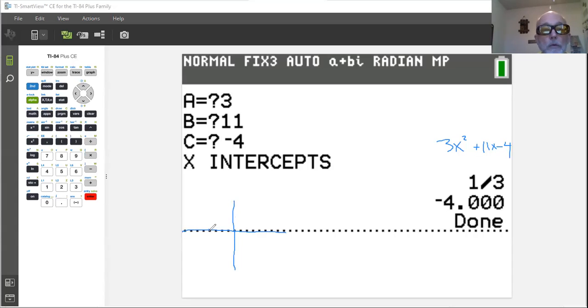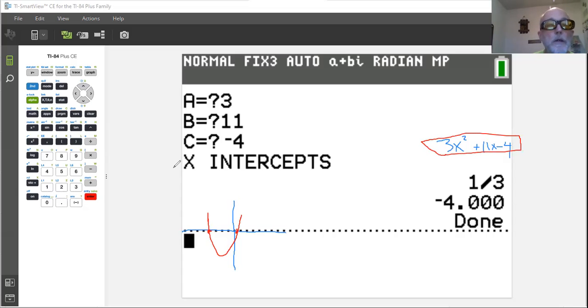And then 1/3 is right there, approximately. So my parabola does this. Just like that. I know where the x-intercepts are. Just like that. 1/3 and -4. Hoorah! So that's what your question is going to look like on today's homework.